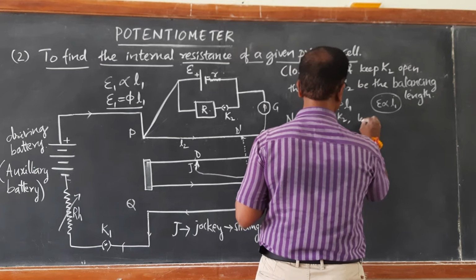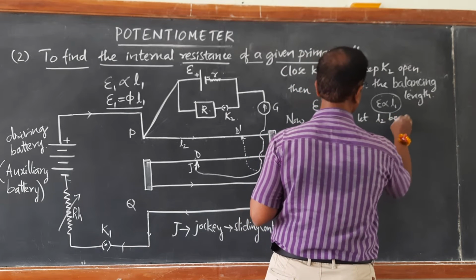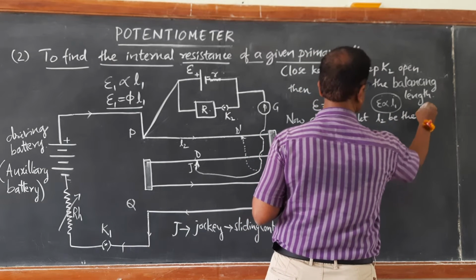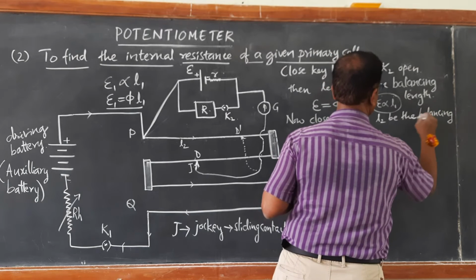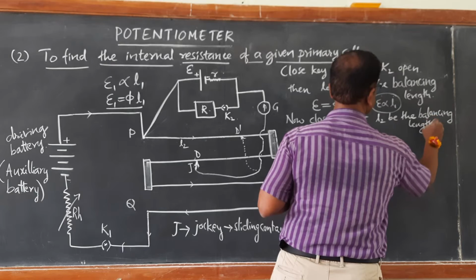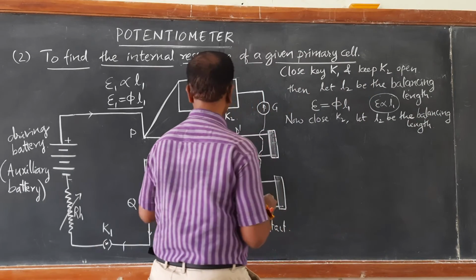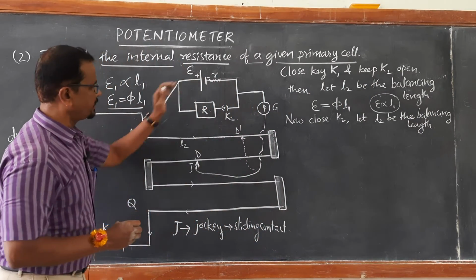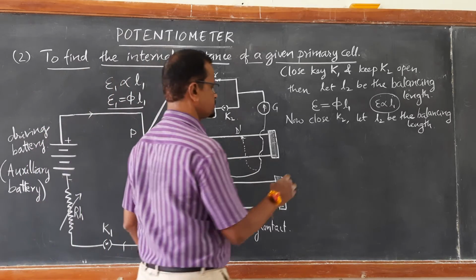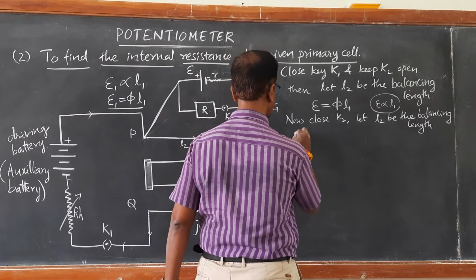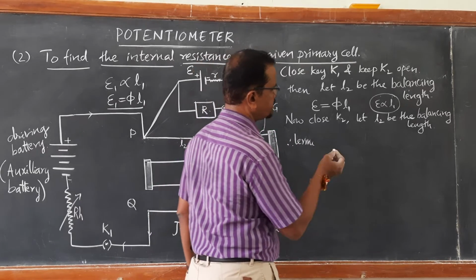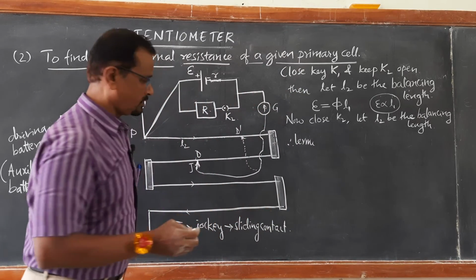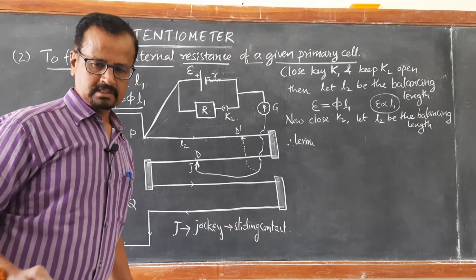Let L2 be the balancing length. Now for this L2, it is no more going to be E, it is going to be the terminal potential difference. Therefore, L2 is the balancing length for some known resistance R.